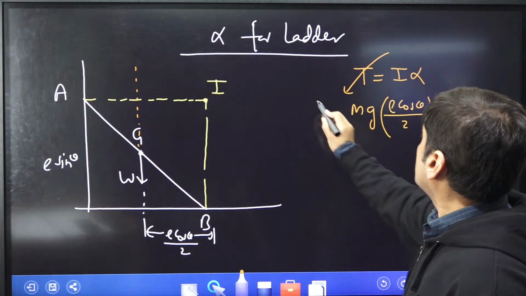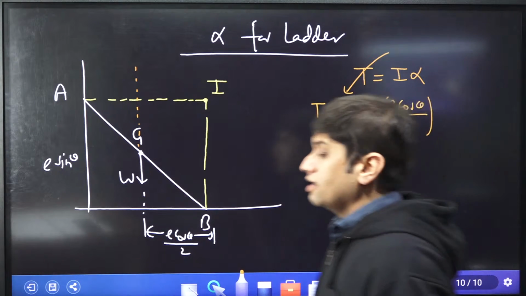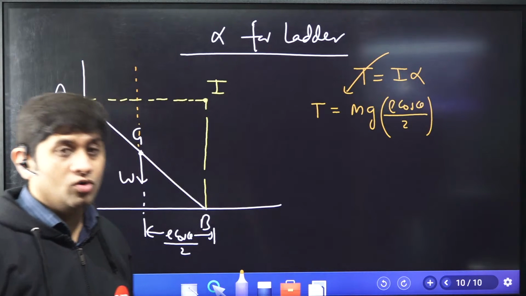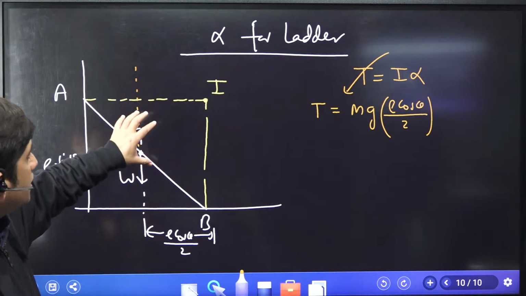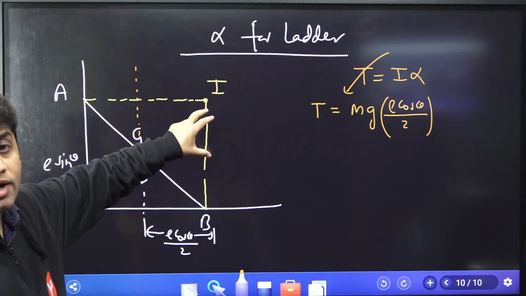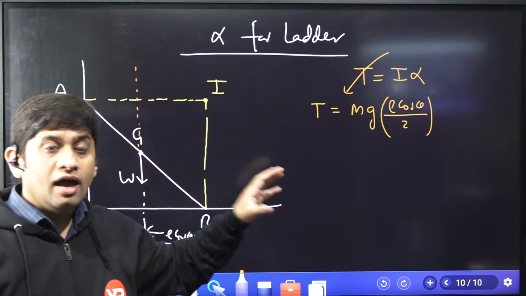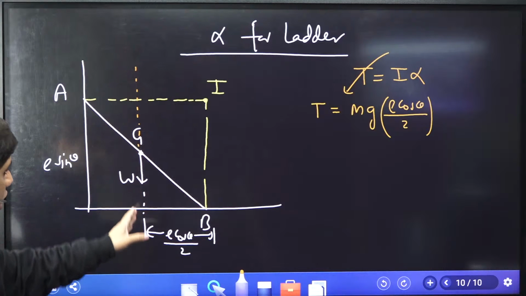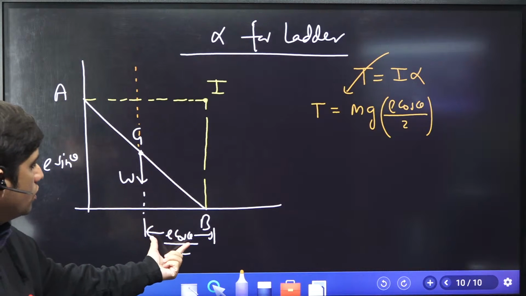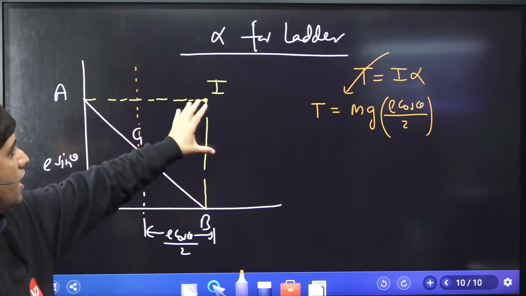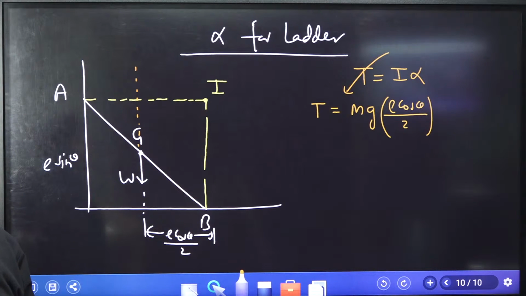That is the torque acting on the ladder. As I told you, this is the most important case, and I want your attention. So the ladder is purely rotating about point I. What is the torque acting on the ladder at this moment? mg or W into L cos theta by 2. That is the torque acting on this ladder about point I.